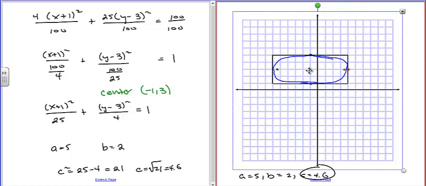Plot the center point, because the x-axis is the larger denominator, that's the major axis. And so you go from the center and count A units both ways. Go from the center, go up and down, B units.